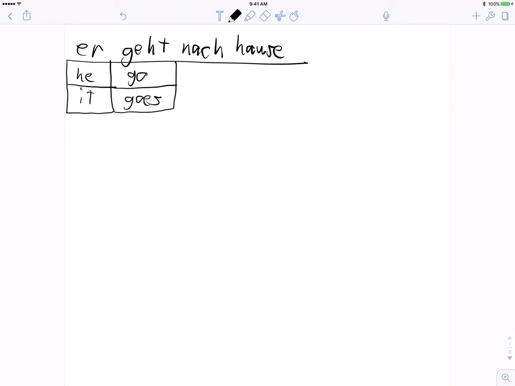Let's assume that nach can be translated as after, and Hause could be translated as house. And let's further assume that nach Hause, taken together, could be translated as home. This is a very simplified example, as there are other ways of translating these items, but for simplicity, we're going to stick with this.